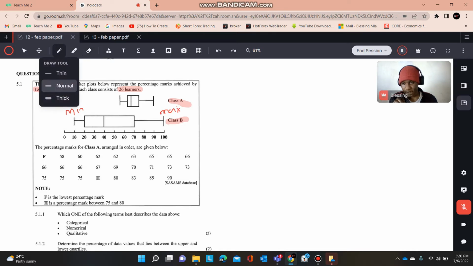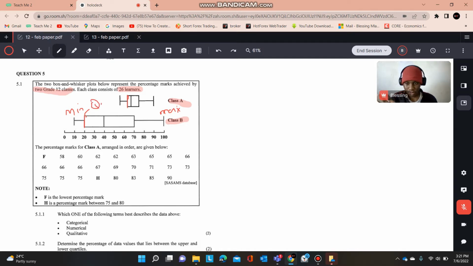And this first line on the box here, they represent what we call quartile 1, or also referred to as the lower quartile, right? So let's just indicate that this one over here represents quartile 1.